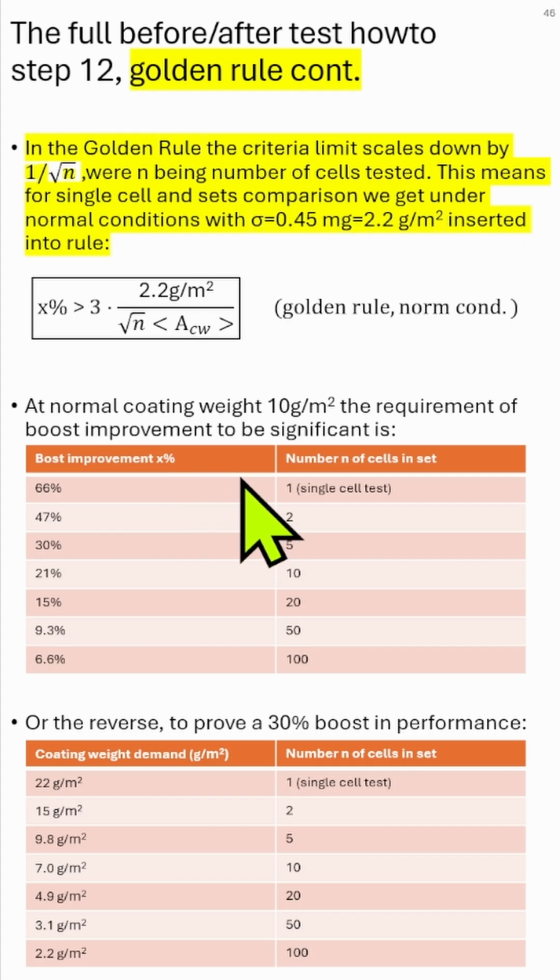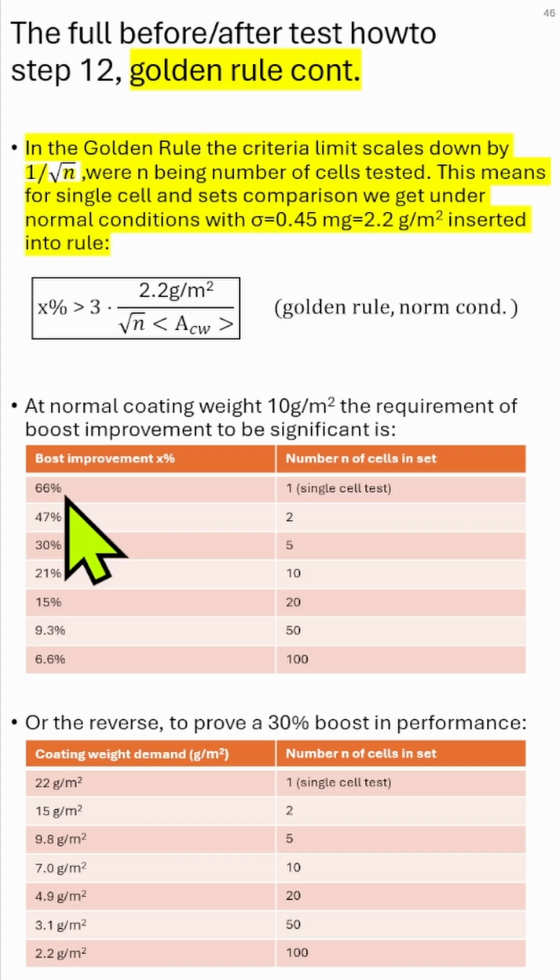So then we see, if there is only one single cell tested, a 66% boost is the value we need to pass for it to be significant, right? So this number you can actually use when you look at those already published papers. They only have one graph of capacity performance measurement and so on.